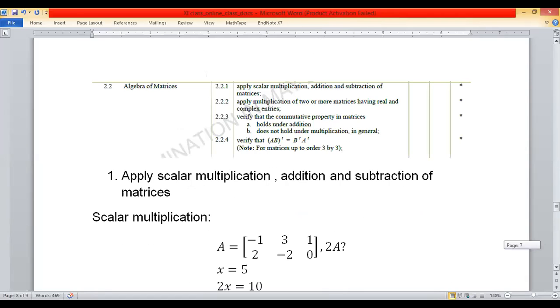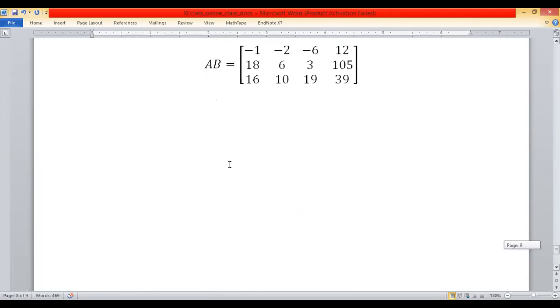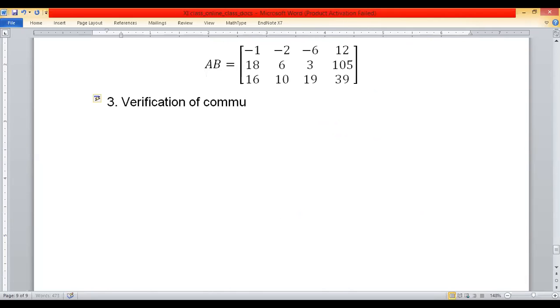Third, verify the commutative property. Now, third, commutative property verification under addition.